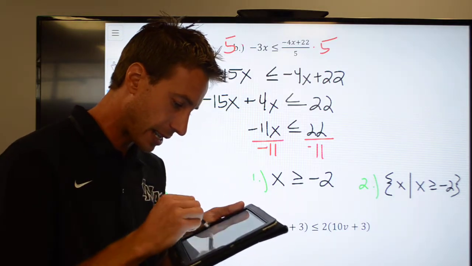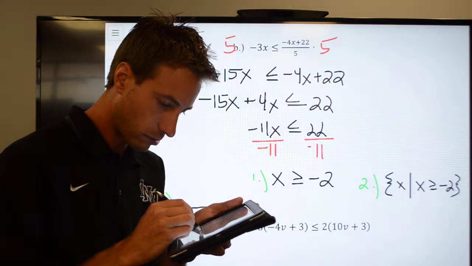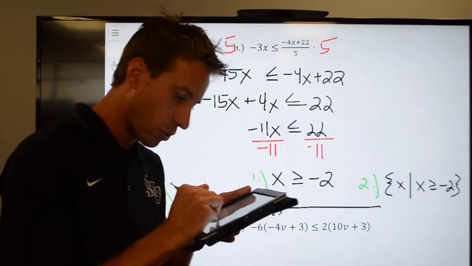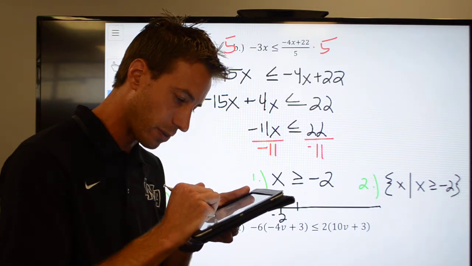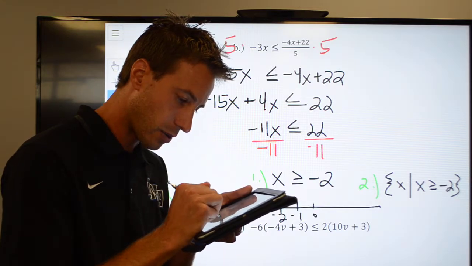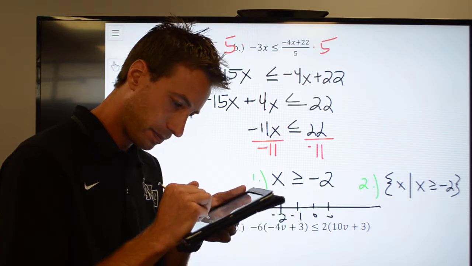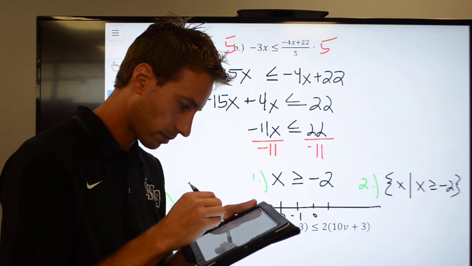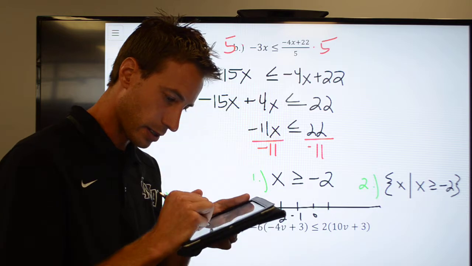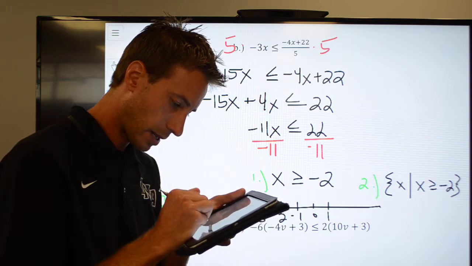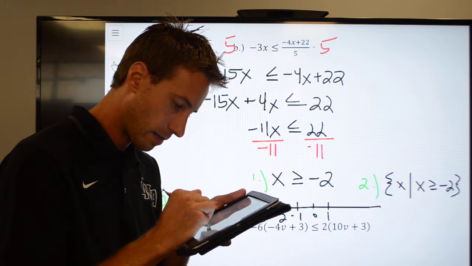And then the third way, I can squeeze a number line in here. All right, I need a negative 2 just like I had on the last one. We'll only go a couple in each direction. Negative 2, negative 1, 0, 1, and then, whoa, that is not a 1. There it is. 1, minus 3, minus 4, minus 5.